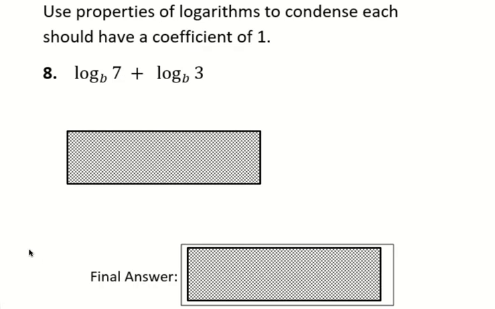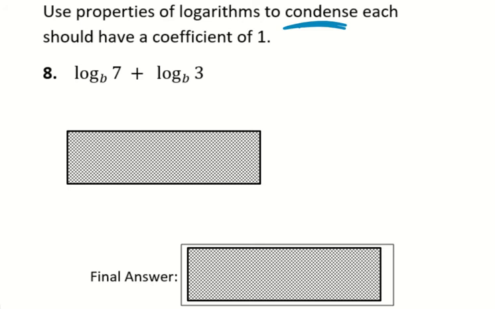Number 8. Now we're sort of changing gears, into the reverse gear. We're going to use the properties to condense, or like I might have said, smush logs back together and put things back up into the power spot. Number 8 is the log of something plus the log of something.